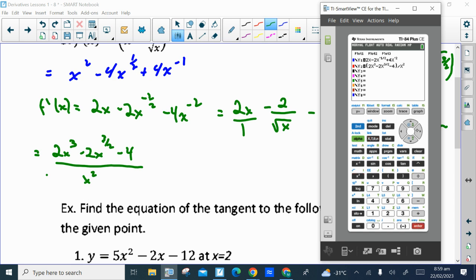So when I graph this, it'll happen quickly. Yeah? Plus 4x to the negative 2. Oh, thank you. That will make a big difference. I checked the terms, but not the signs in between.